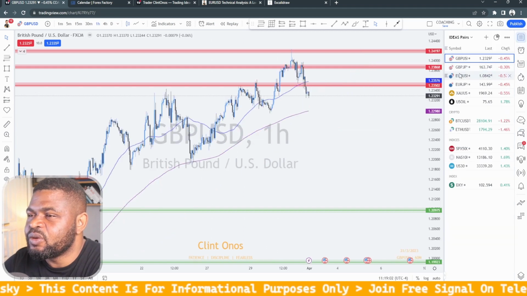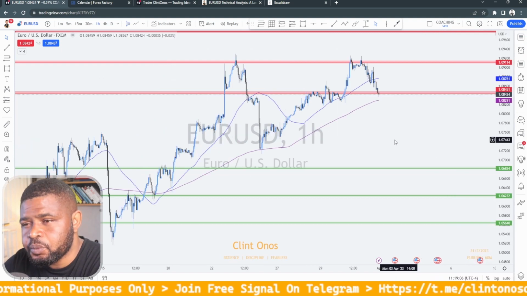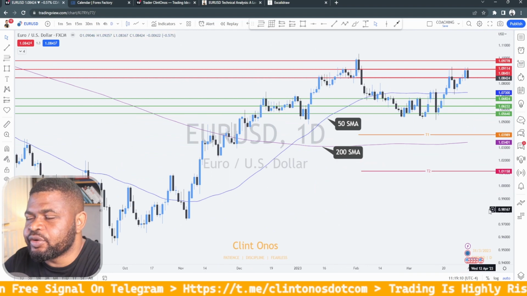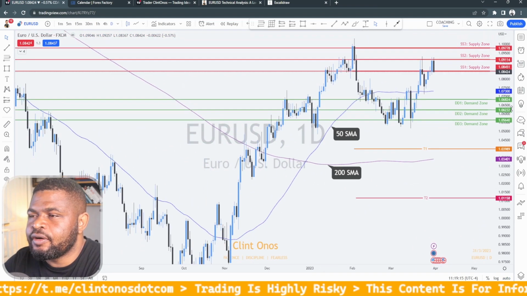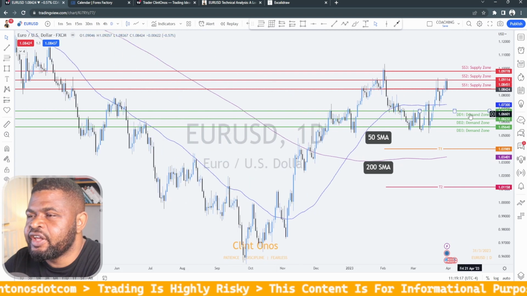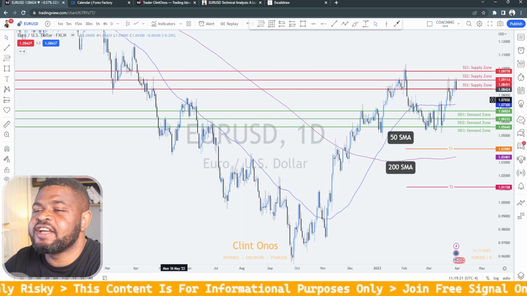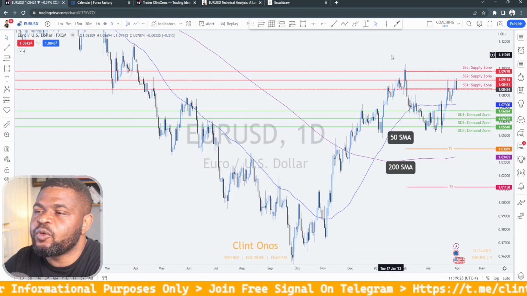So what do we have for the Euro USD? Euro USD, of course, is similar to the pound USD, right? But unlike the Euro USD that is ranging, the pound USD on a daily time frame was trending down. Then we had a pullback, right?